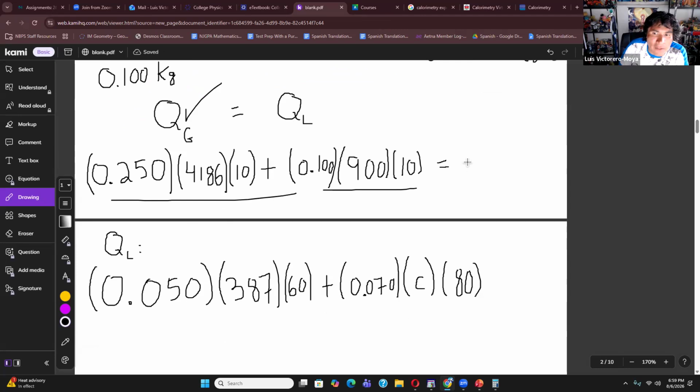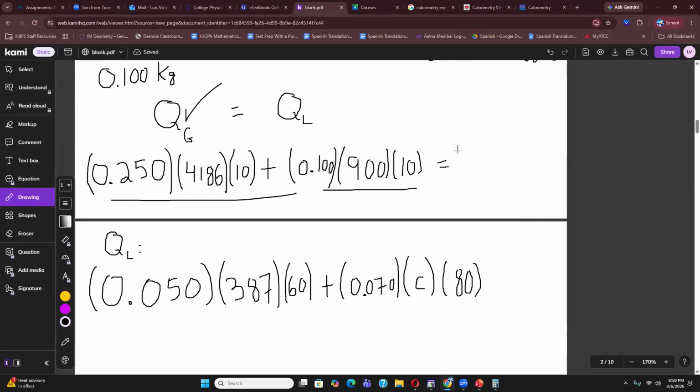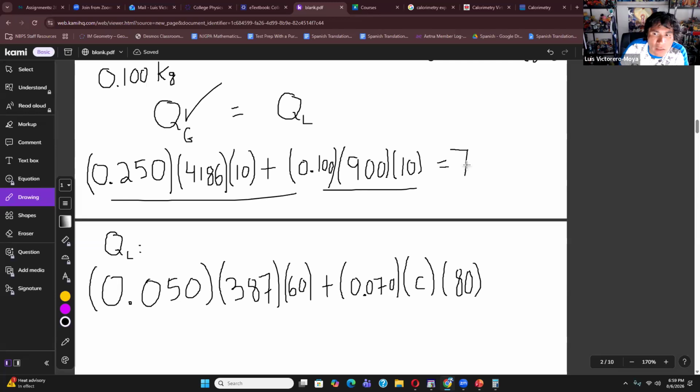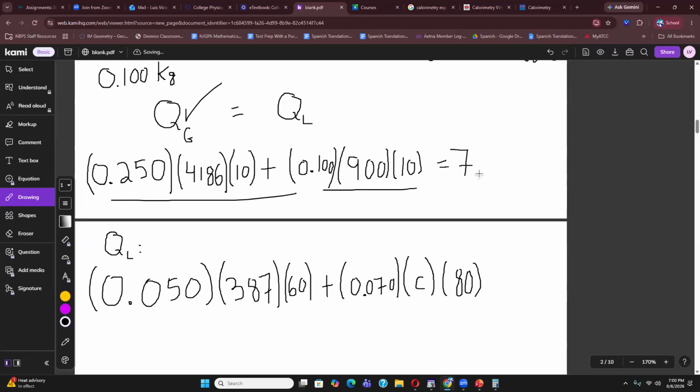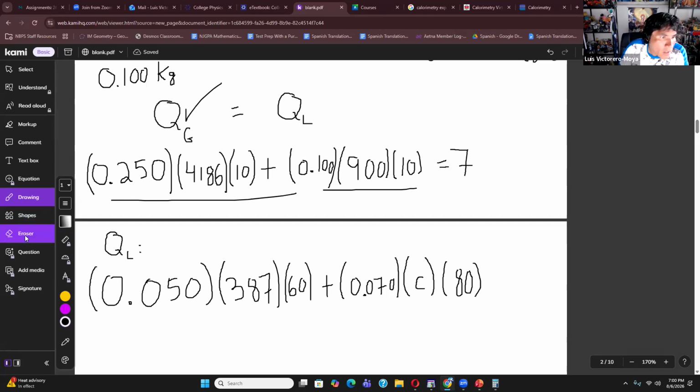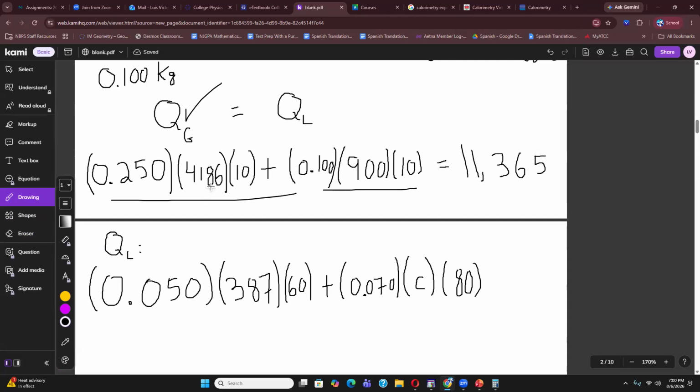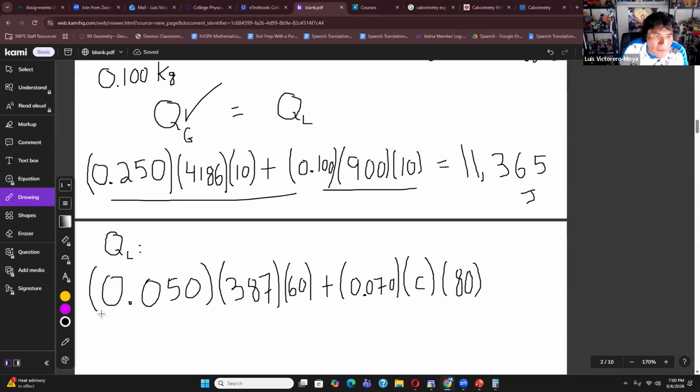Somebody, what's this value here? I got 11,365. Okay, joules. And then this, how much is this?